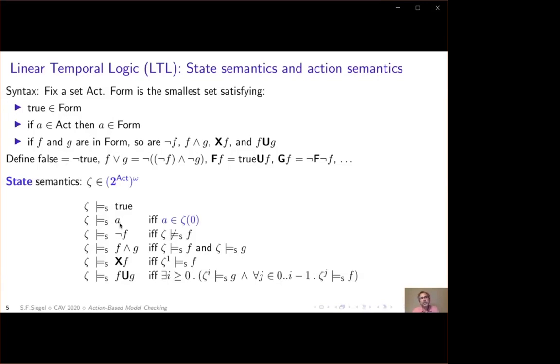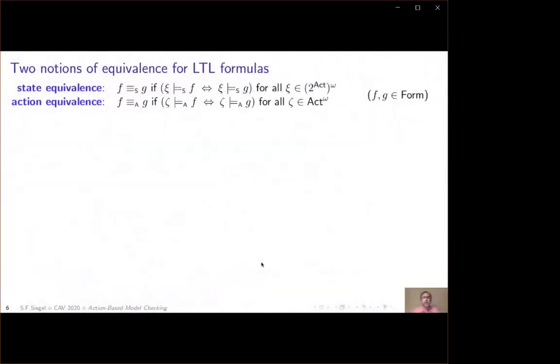Just one small change is needed to define the action semantics. Now zeta is an infinite sequence of actions, and zeta satisfies A if and only if A equals zeta of 0. That's the only change. We can also define two notions of equivalence for LTL formulas.